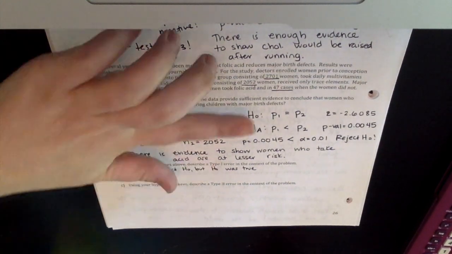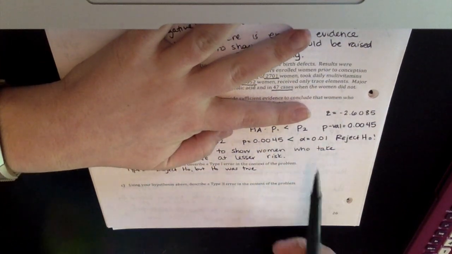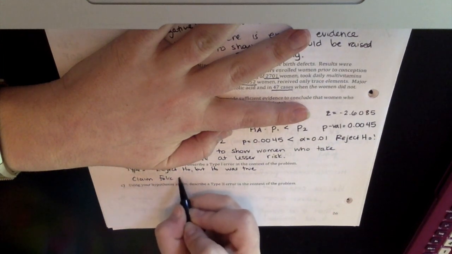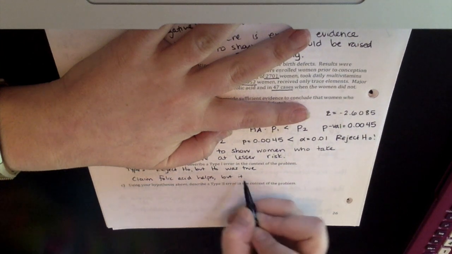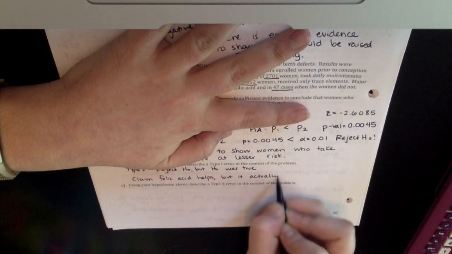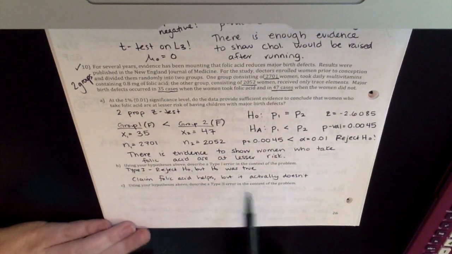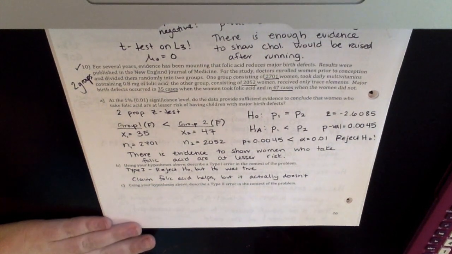So I'm going to go back up here and say I rejected this and I claimed the proportion had changed. So we claim folic acid helps, but it actually doesn't. So women take a drug that's not helpful and they just still have the same risk of birth defect.